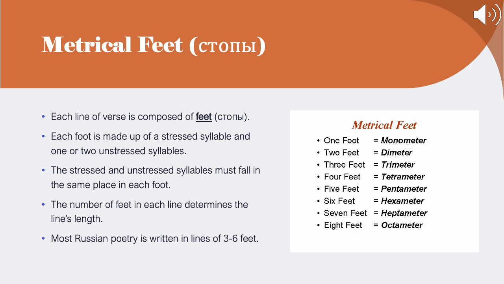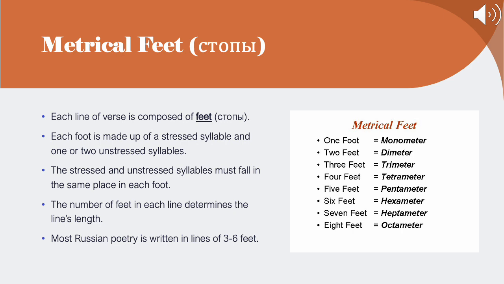And then line length is measured by the number of feet in the line. So iambic pentameter, for example, has 5 iambic feet in it. And that's what iambic pentameter means. And you could have any number of feet in a line, but most Russian poetry is written in lines of 3 to 6 feet.